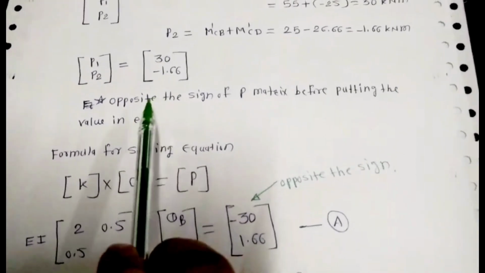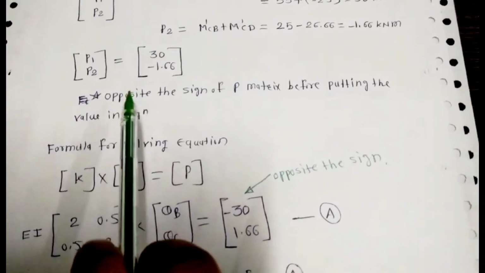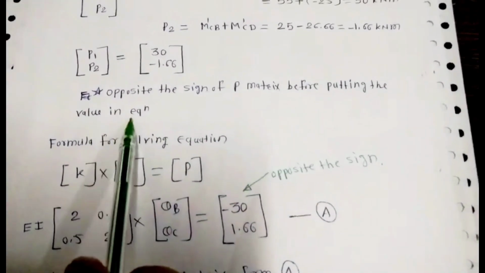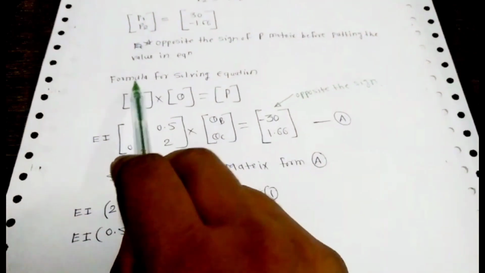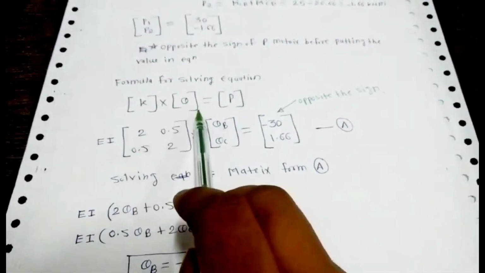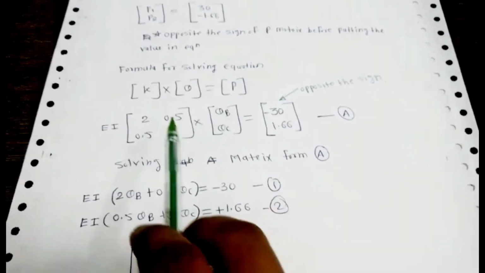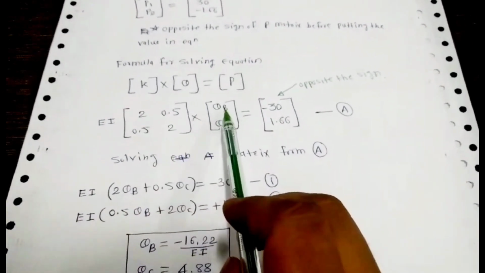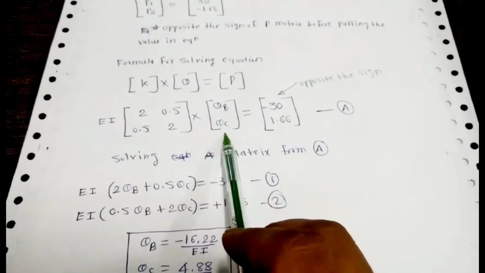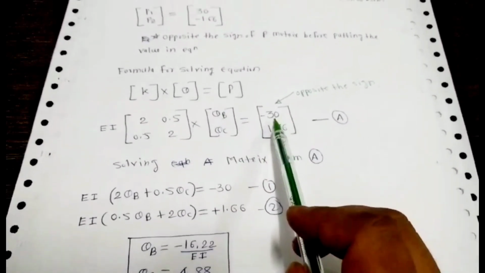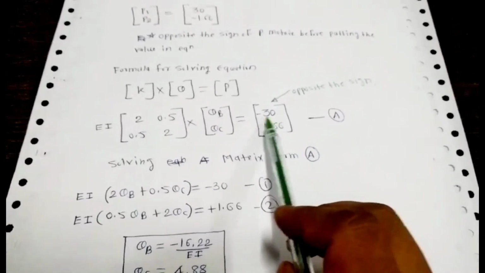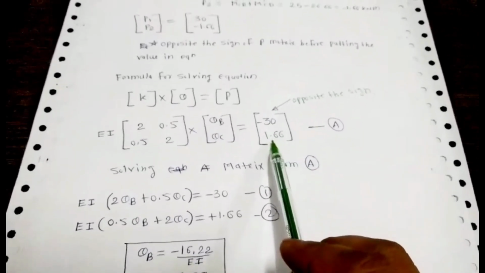Okay, now one note you must remember: reverse the sign of the P matrix before putting the values in the equation. The formula for solving is K into theta is equal to P. So by putting the values of K, and theta as the unknown displacements theta B and theta C, we have to reverse the sign of the P matrix, that is minus 30 and plus 1.66.